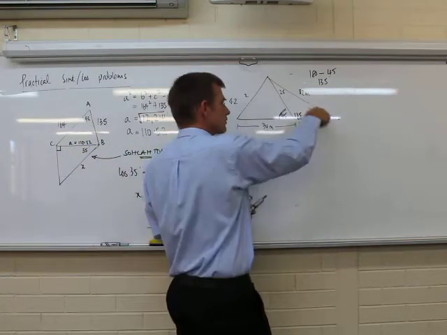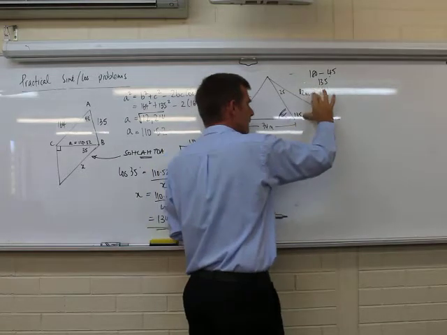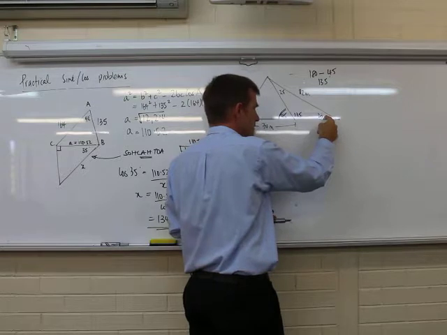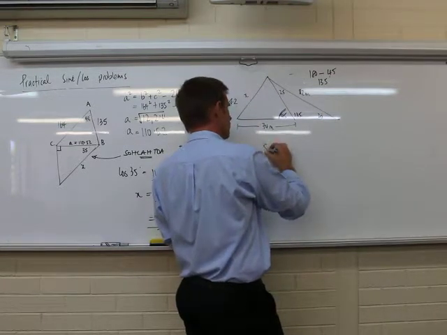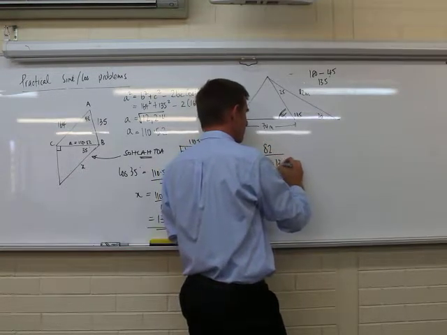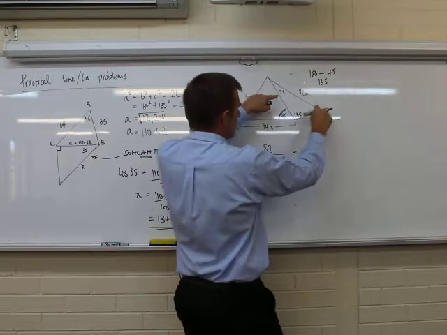Well, I've got three angles here and I've got a side. So I think I've got a pair of information and another piece of information. So using the sine ratio, I can write the following. 82 divided by the sine of 135 must equal this pair here.